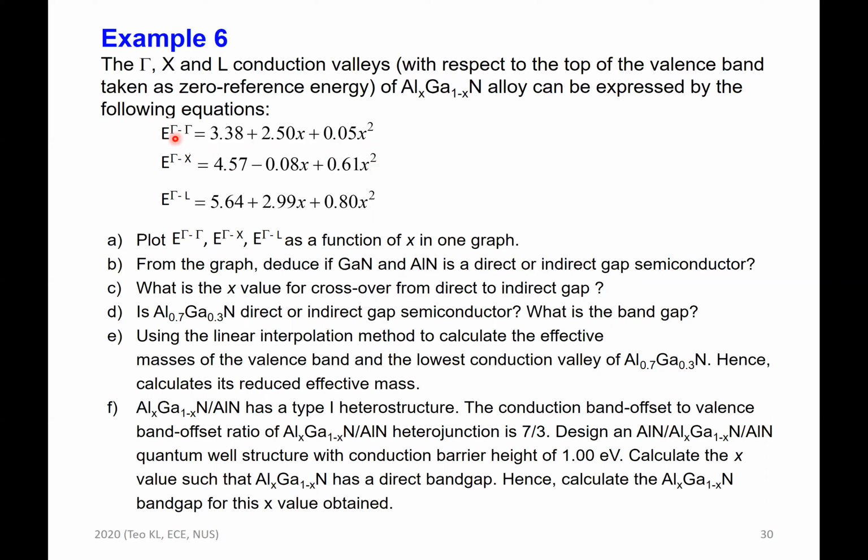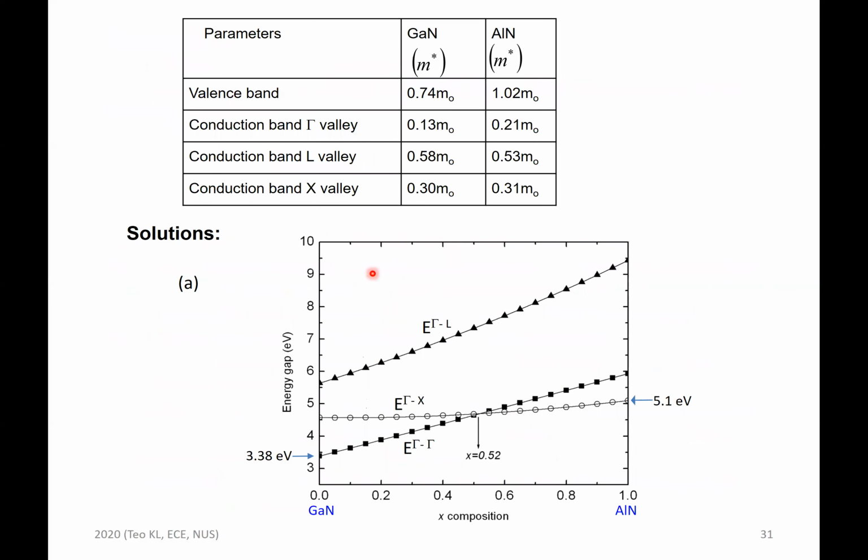Again, the notation: the first symbol gamma refers to the top of the valence band. The second symbol refers to the bottom of the conduction band, gamma, X, and L values. So plot this energy as a function of x in one graph. So you can plot the graph of energy gap as a function of composition.